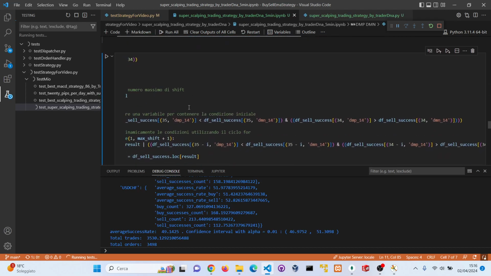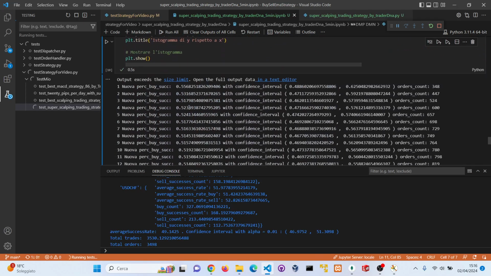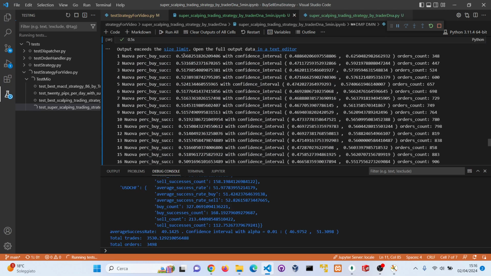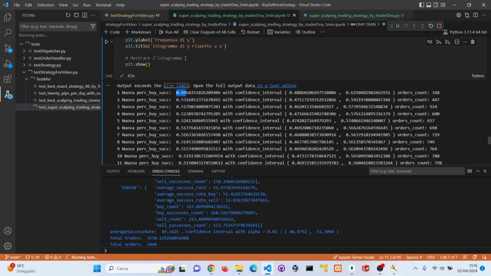But for the short positions, as you can see, if you check that there is at least one DMP and DMN crossover in an interval of 2 before the signal, you would have been profitable with an average success rate of 55.68%.